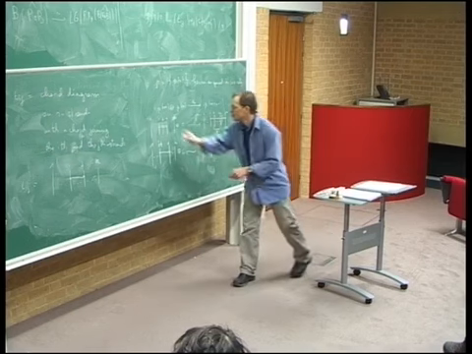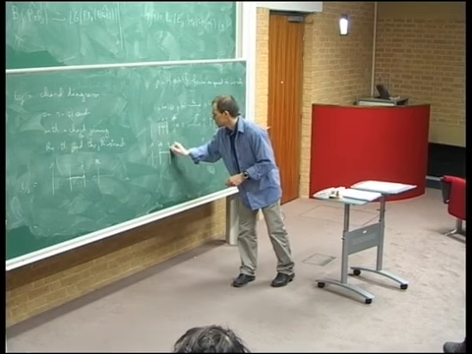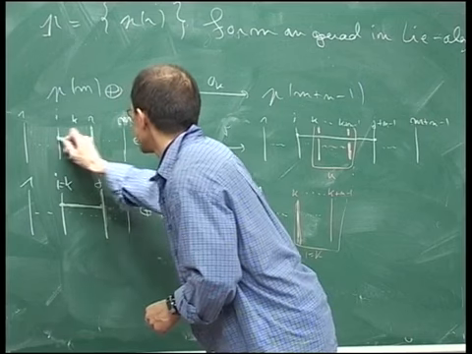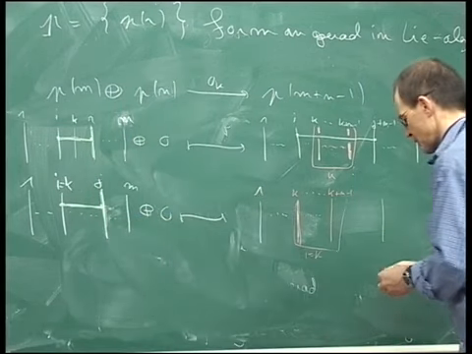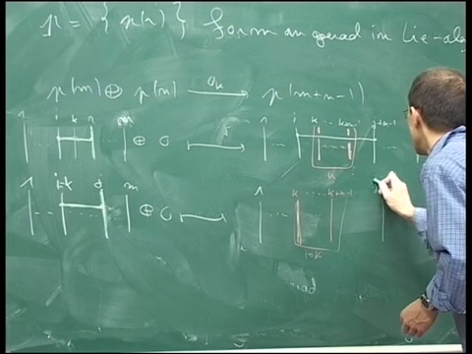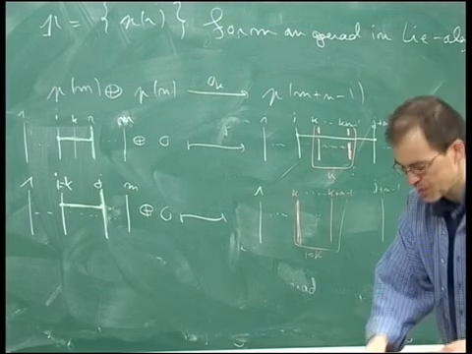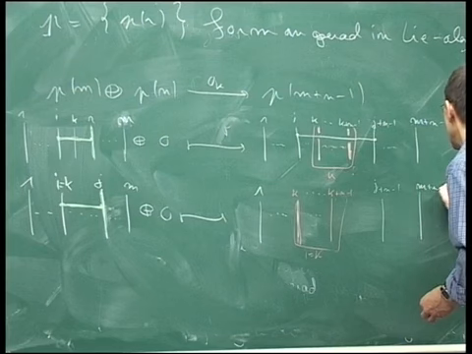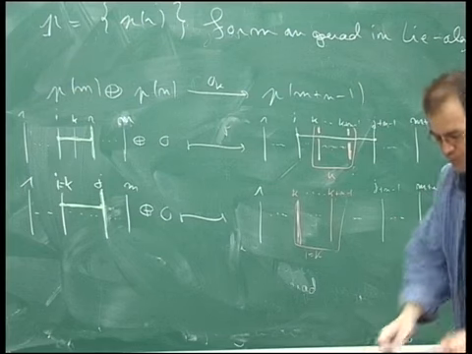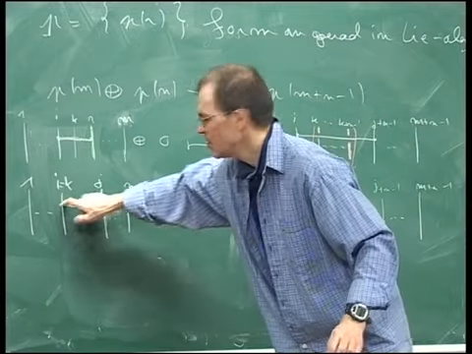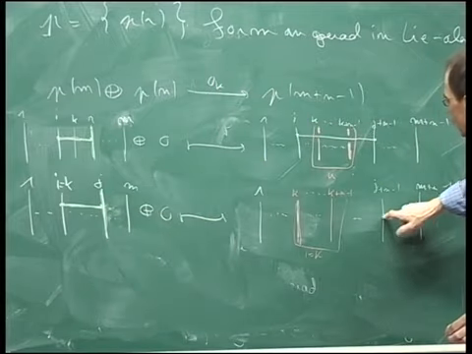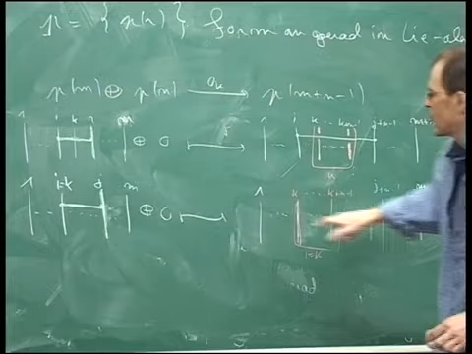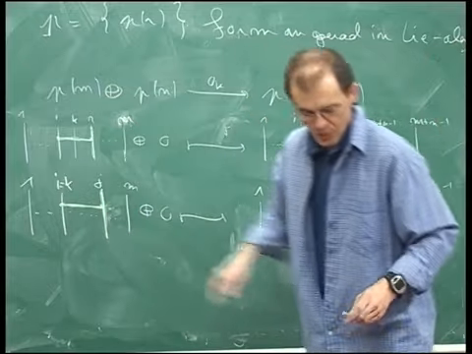But now, you see, this is j plus n minus 1. So I have to say to which strand here I have to attach this chord in the outcome.